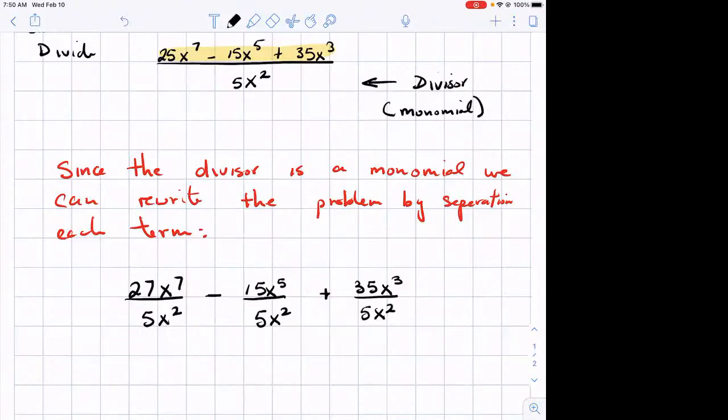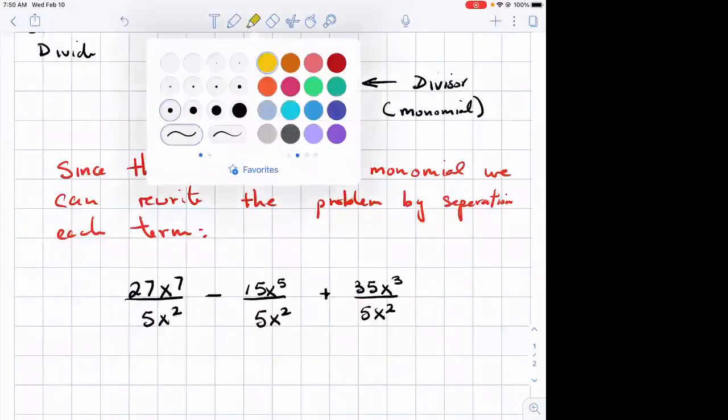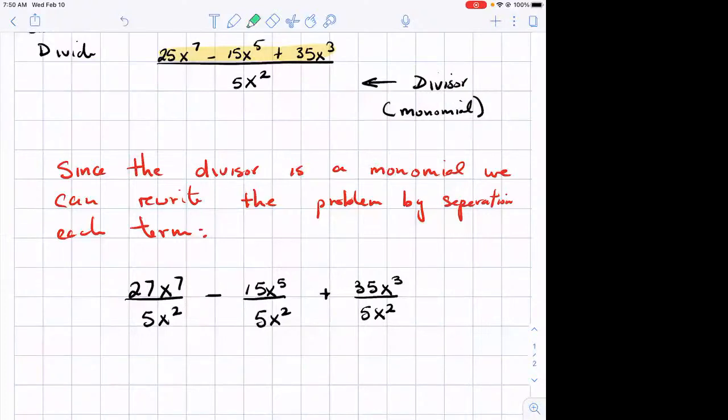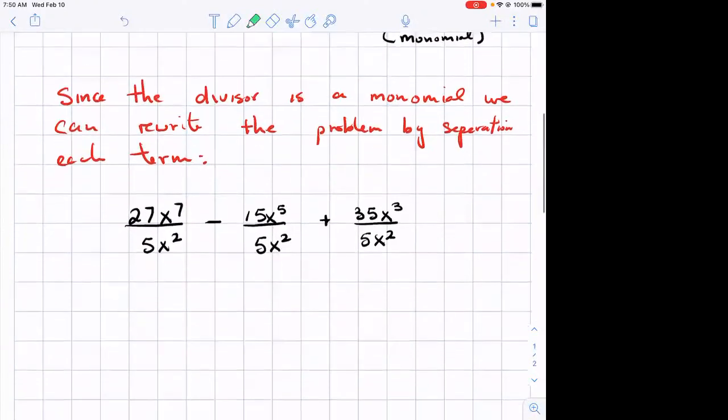So once again, this is only because the divisor is a monomial, a one-term polynomial. And now we can divide each term. Remember, a term is separated by a plus or minus.